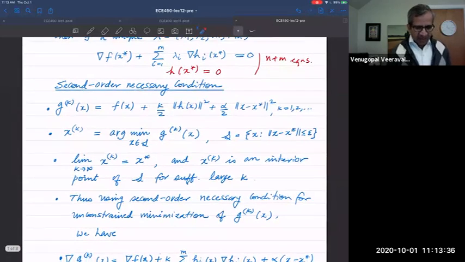So there are simple examples, at least, for which you can actually explicitly solve for the Lagrange multipliers along with x star. And if x star is unique, that's the only one you need to check to see if it's a minimum or not.